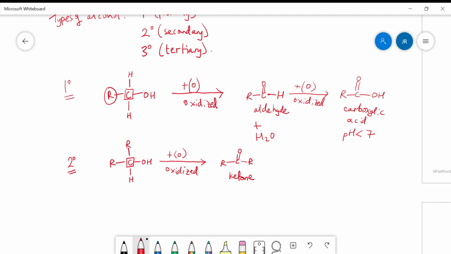So the two functional groups that we've been looking at so far in this video, the aldehyde and the ketone, come from two different types of alcohol.